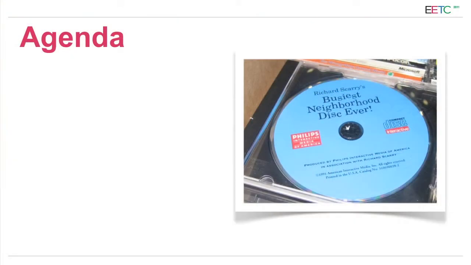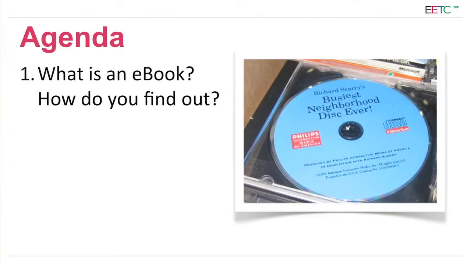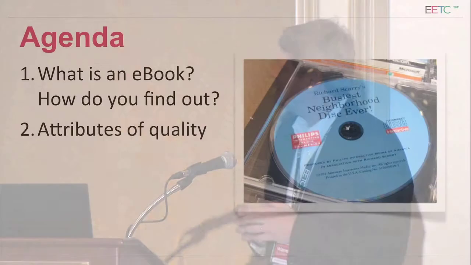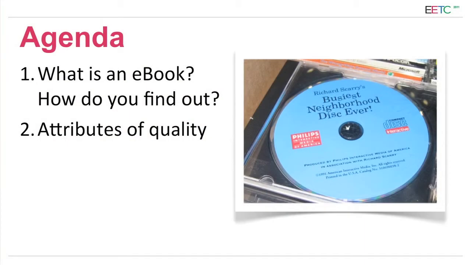So the agenda today, 3 things. What is an ebook? And how do you find out what an ebook is? So I want to just unpackage a little bit the definition of an ebook. Secondly, attributes of quality. What makes a good ebook? And Jeremy is going to talk. Jeremy, where are you? You've volunteered, you're going to pipe in here and help me with this session. But you're going to do a session tomorrow on ebooks and ebook evaluation.